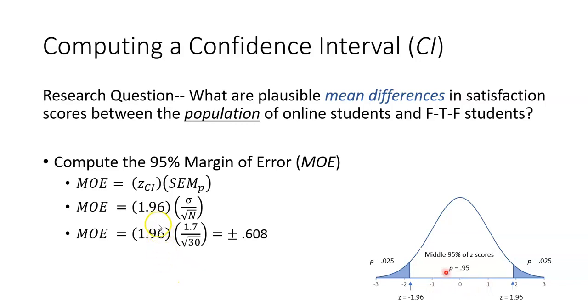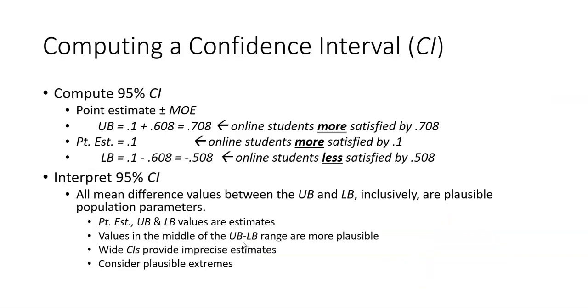We want to have a 95% confidence interval, not a 68% confidence interval. We do that by multiplying 1.96 times the expected sampling error to get our margin of error. And when we do that, we get a margin of error of plus or minus 0.6. Now, what do we do with that? Well, we add that margin of error to the point estimate to get the upper bound.